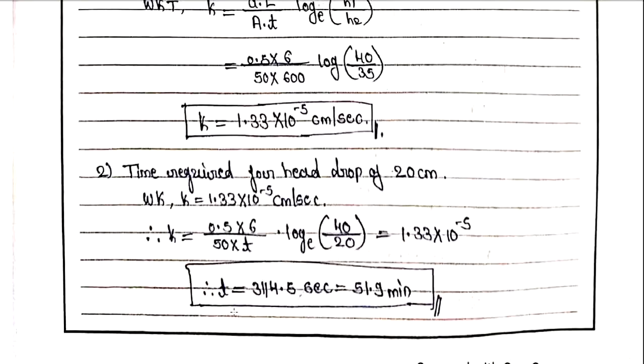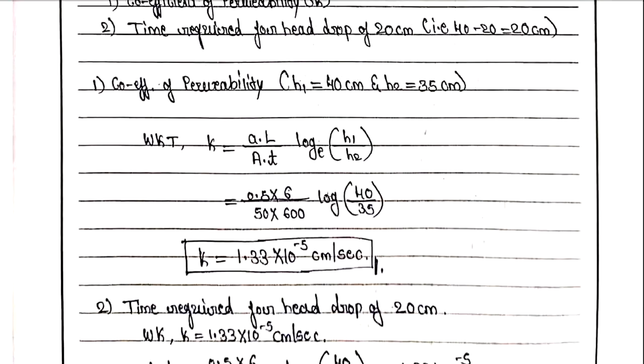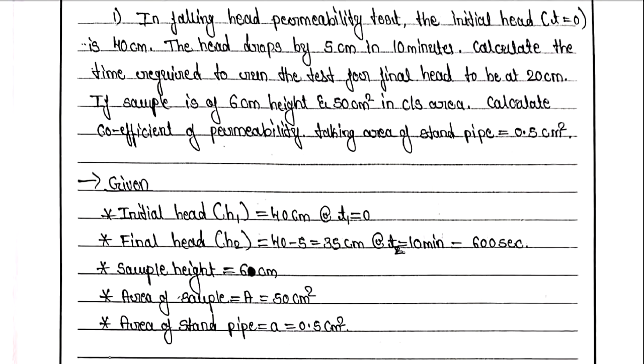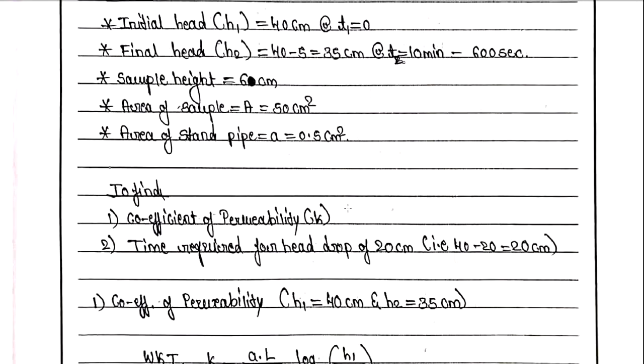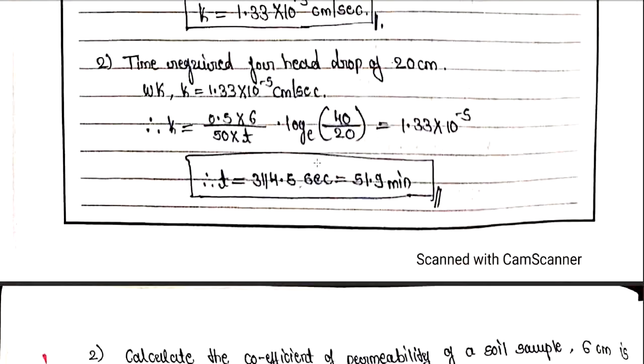So what it says, for final head to be at 20 centimeter, the time required is 51.9 minutes. Okay, so this is what they have asked over here. So you can see over here, time required to run the test for final head to be at 20 centimeter. So we have found it.